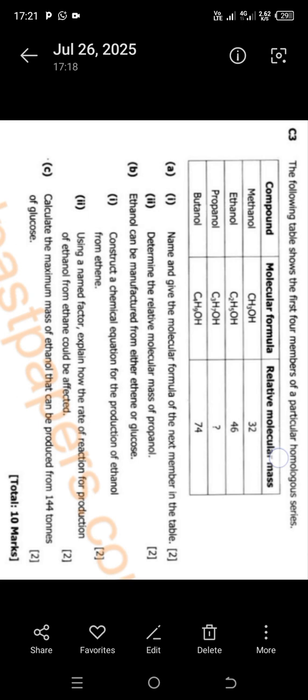We can clearly see that the homologous series here is that of alcohols. They have given us molecular formulas and relative molecular masses, except one which has not been given, where there is a question mark.